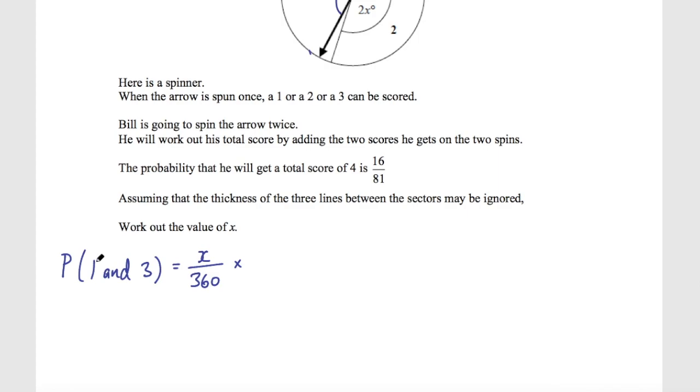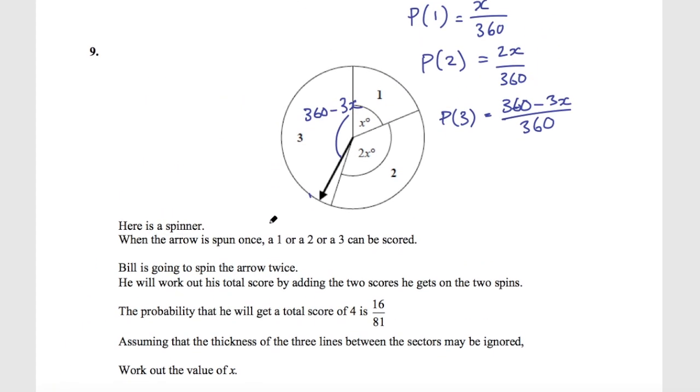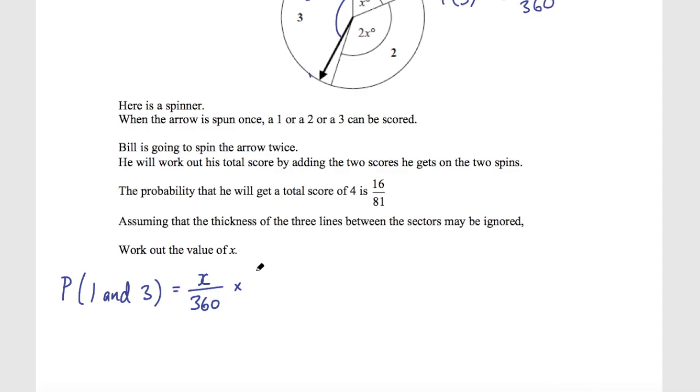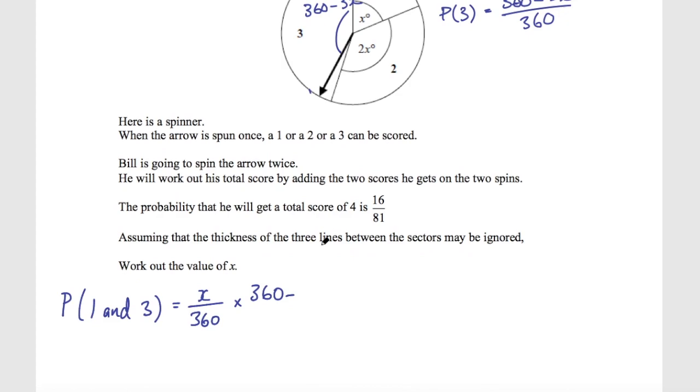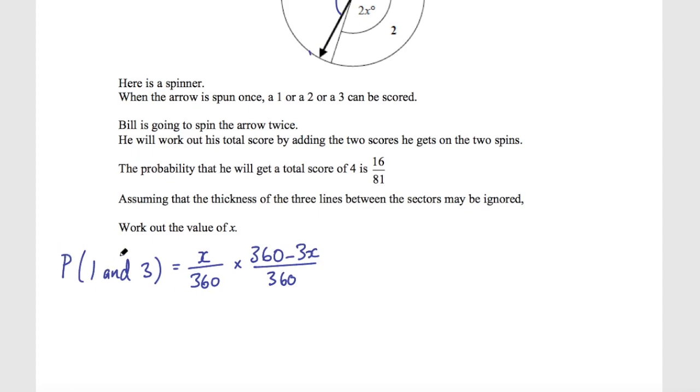So in probability, when we've got two events and we use the word and, so 1 and 3 happen, we multiply them. And then the probability of the 3 was 360 minus 3x over 360. So that's the probability of 1 and then a 3.